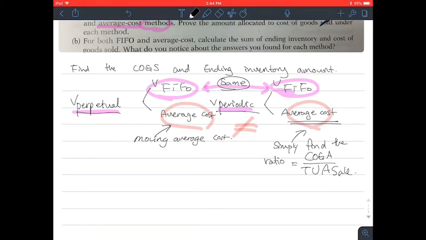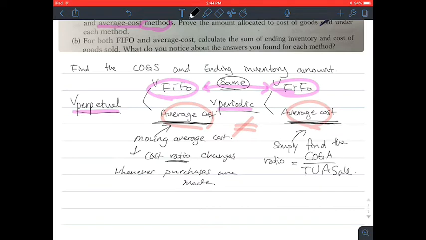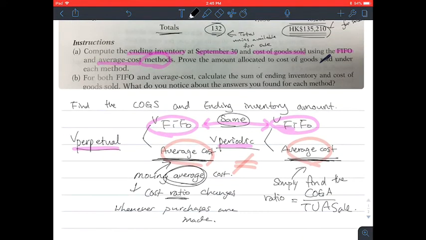But if it asks you to do average cost under periodic and perpetual, they're different. This moving average cost ratio changes whenever purchases are made. So the average changes when there is a purchase. Okay.